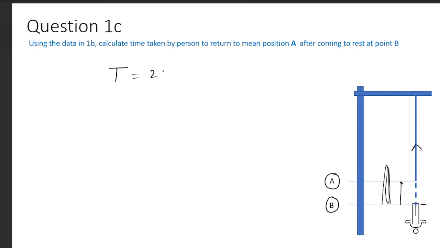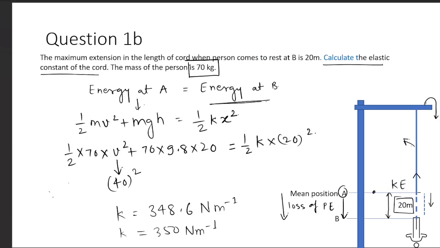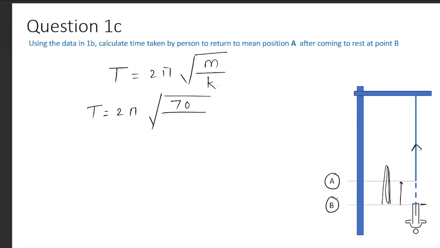So T is equal to 2 pi under root m by k. Here k is the elastic constant or the spring constant. So we can write T is equal to 2 pi under root, mass of the person is 70 kg, and spring constant just now we found that is 350 Newton meter to the power minus 1.